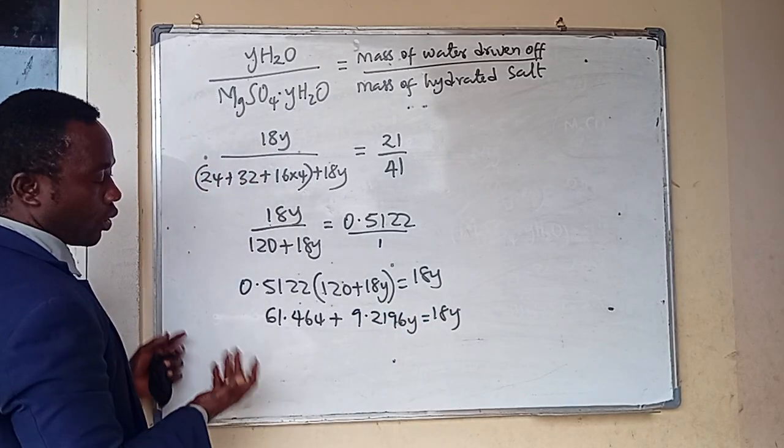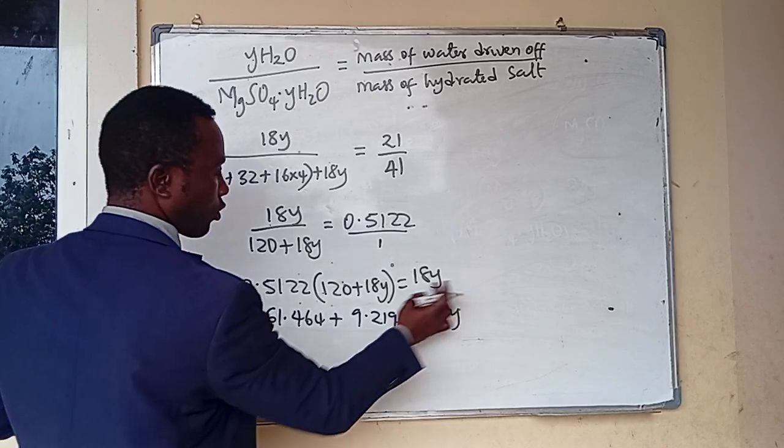So what do we do now? We collect like terms. Let the one with Y go to the other side.